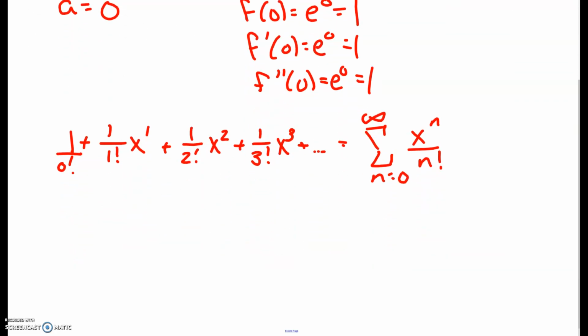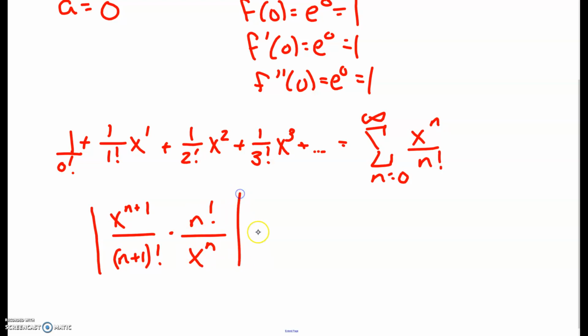Finding the radius of convergence, we go back to the ratio test, and we're going to check to see the values where x to the n plus 1 over n plus 1 factorial times n factorial over x to the n are less than 1.